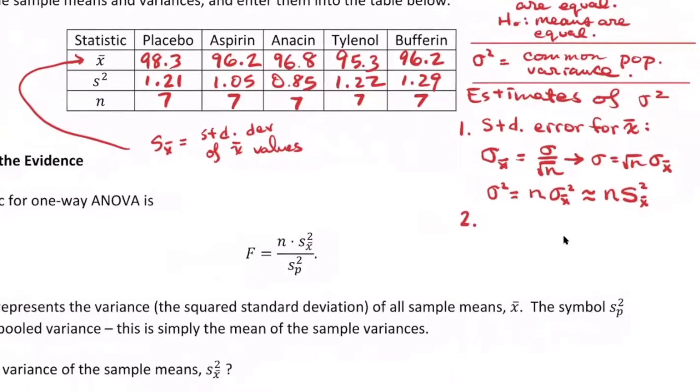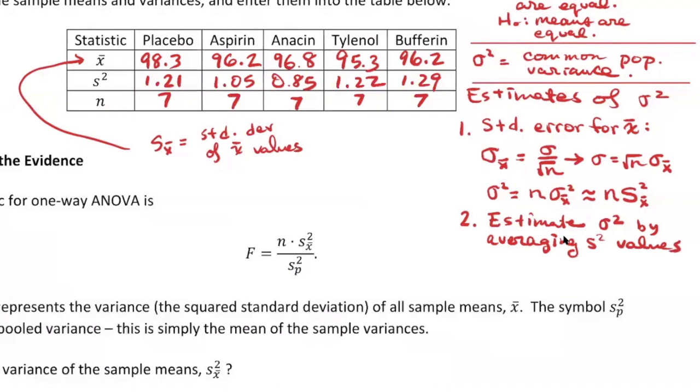So here we could estimate sigma squared by averaging the estimates, the S-square values. Okay.